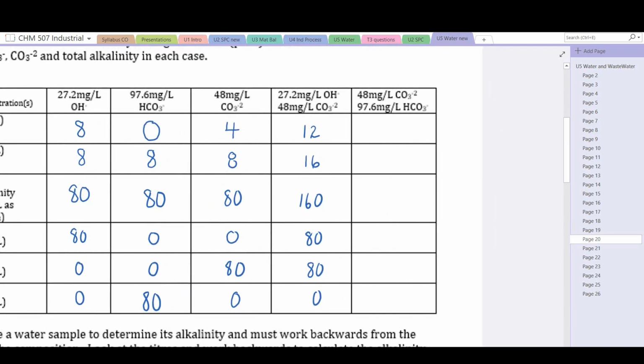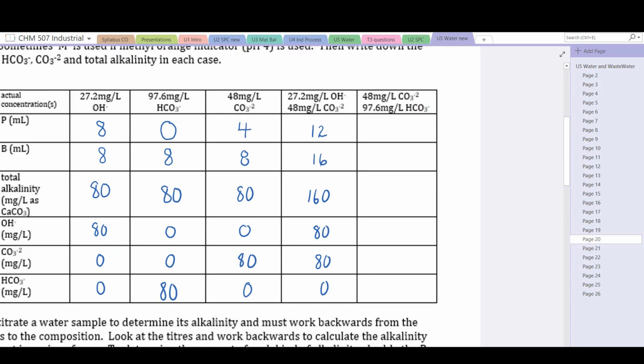Okay, last case. Let's say we had 48 milligrams per liter of actual carbonate ion in solution, along with 97.6 milligrams per liter of bicarbonate ion in solution. We took a 100 mL sample and titrated with 0.02 normal acid. What would we find? Recall that bicarbonate is not titrated at the phenolphthalein endpoint, right? It's colorless. But we would be titrating the alkalinity of the carbonate ion. That would be 4 mL for the carbonate.